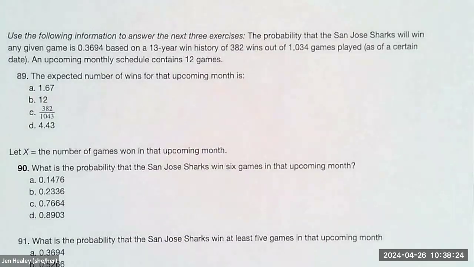The probability that the San Jose Sharks will win any given game is 0.3694. That's our probability of success. There's our P. That's over a 13-year history of 382 wins out of 1,034 games played, as of a certain date. An upcoming monthly schedule contains 12 games. The expected number of wins for that upcoming month is what?